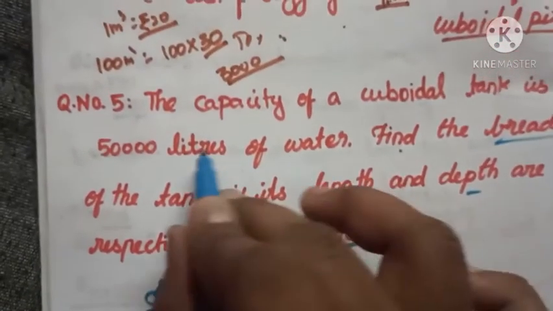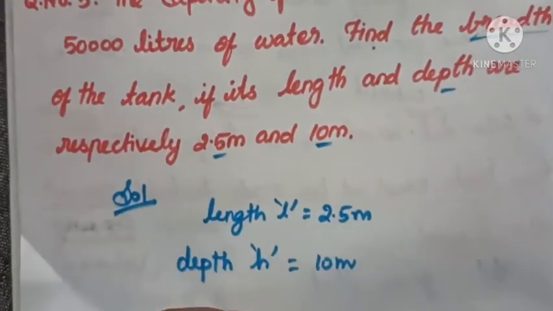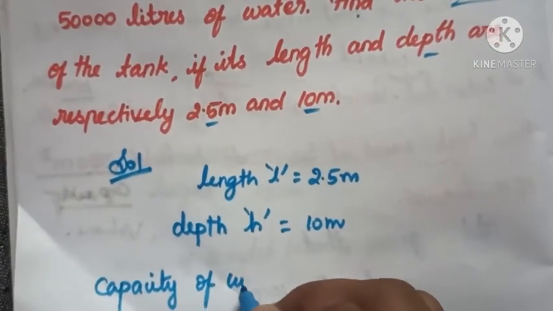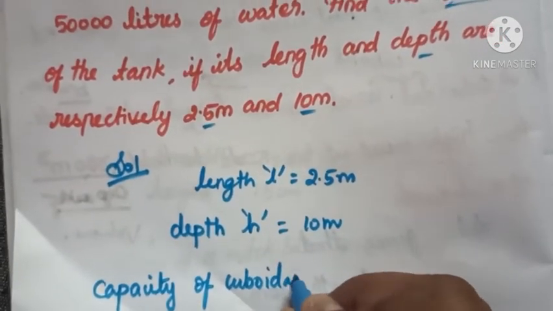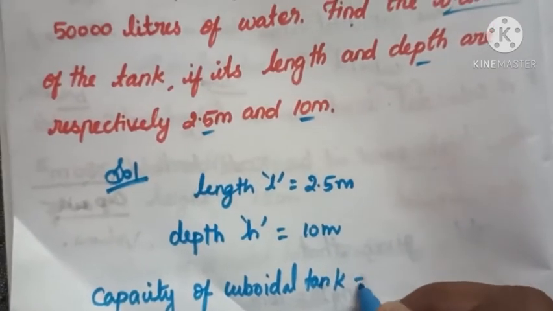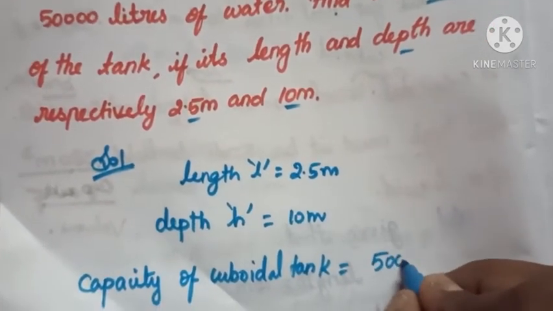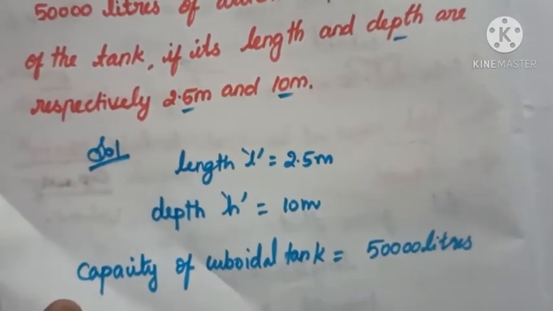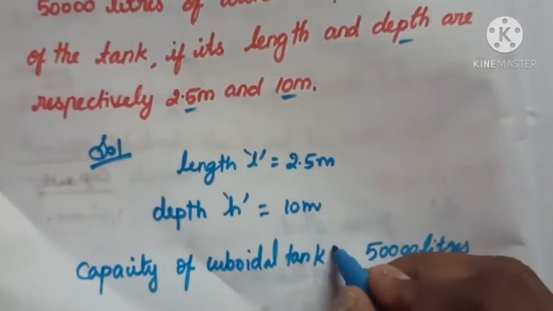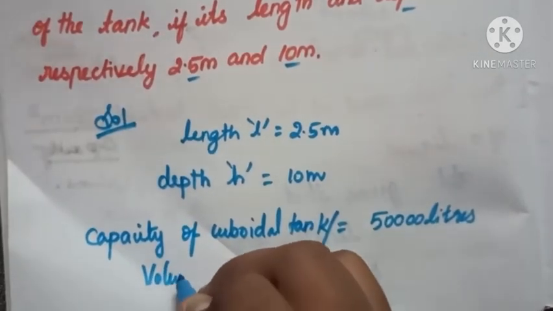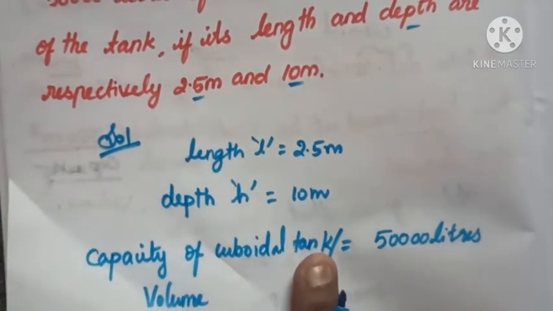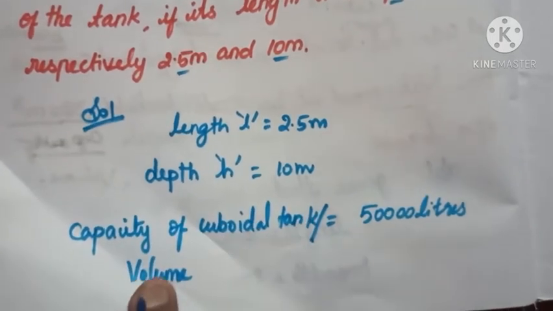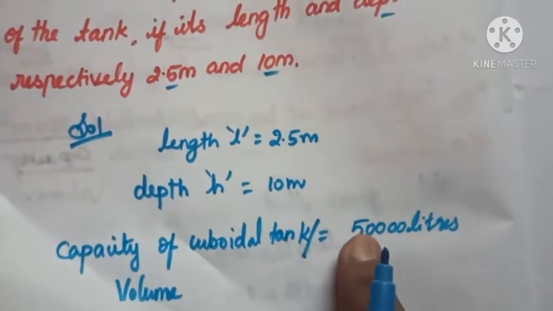And the capacity of a cuboidal tank is equal to 50,000 liters. So they have given it in liters. Capacity of a cuboidal tank is nothing but volume of cuboidal tank, so capacity and volume are both the same. Volume of the cuboidal tank is 50,000 liters.